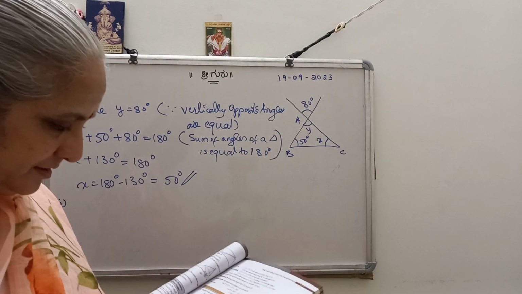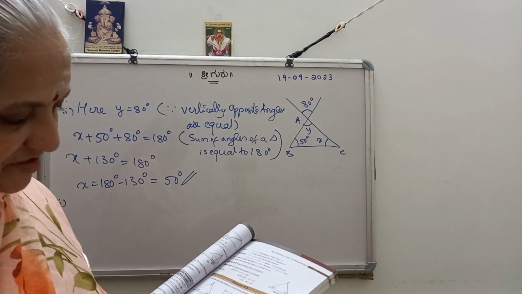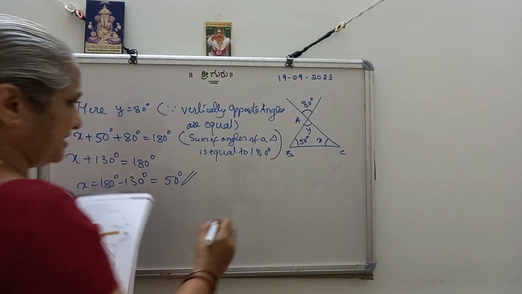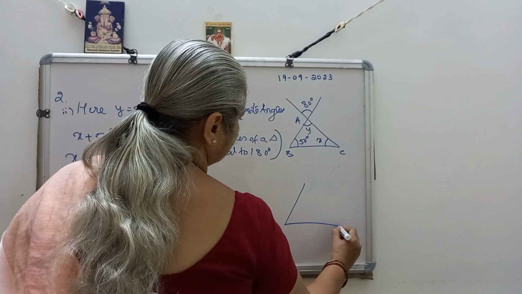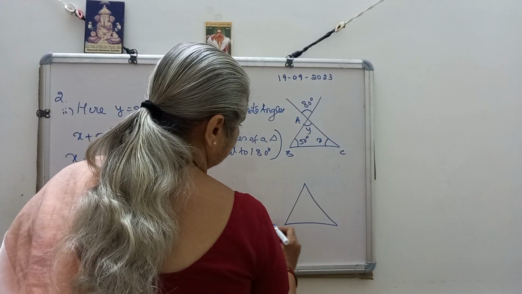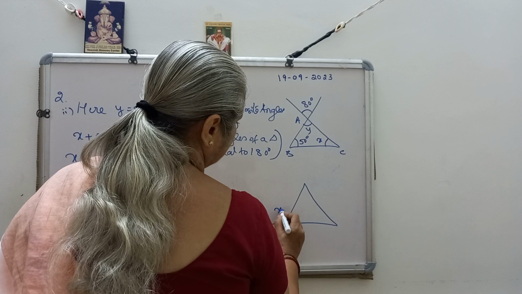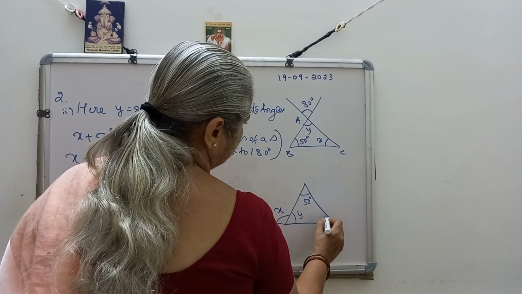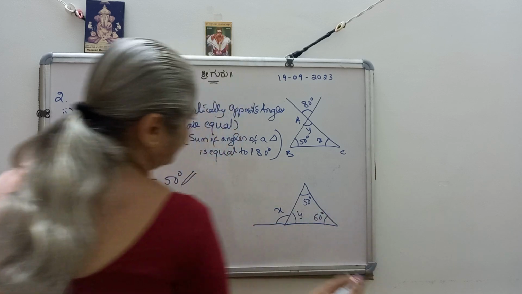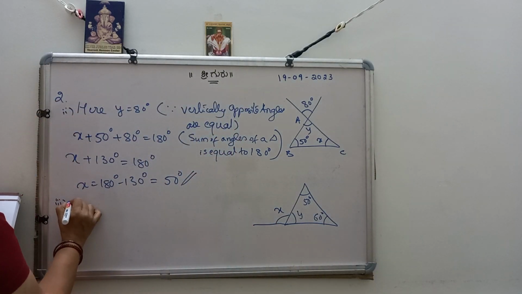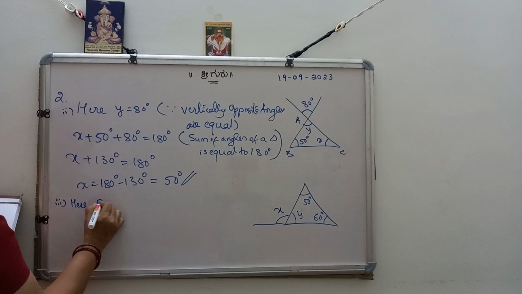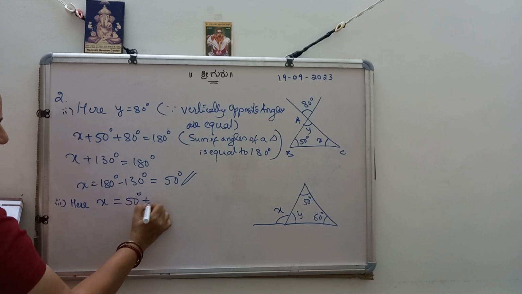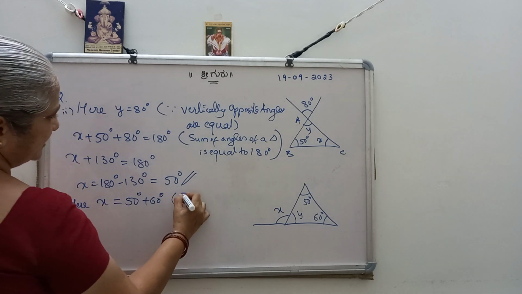Here same property is used. x is equal to 50 plus 60 degrees. Here from the figure we can notice that x is equal to 50 plus 60 degrees.